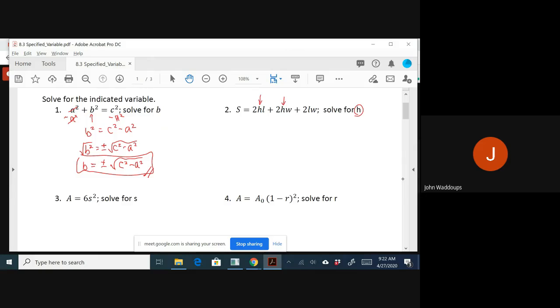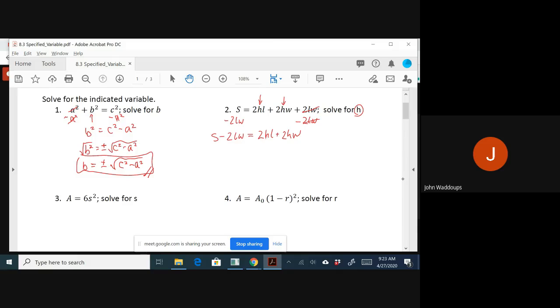So plus 2LW would be minus 2LW. And that would be S minus 2LW is equal to 2HL plus 2HW. And the 2LW cancels on the right-hand side.